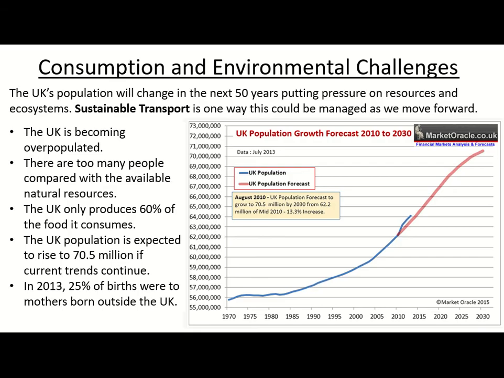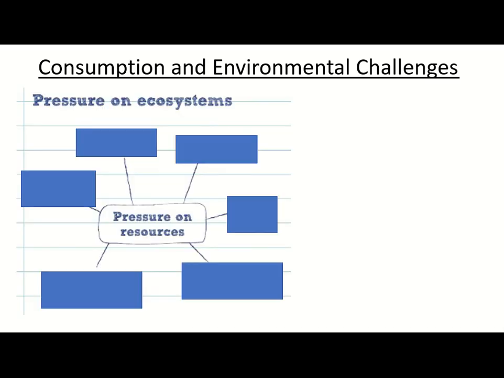So bearing in mind obviously population growth and a couple of these stats are the basis behind this growth of consumption and therefore the knock-on effects on the environment. So obviously with more of us, we're putting pressure on ecosystems, and ecosystems can be any kind of natural environment, all of these natural areas we've got in the UK, and our pressure on resources and our need to have resources means that we are producing more CO2 potentially.